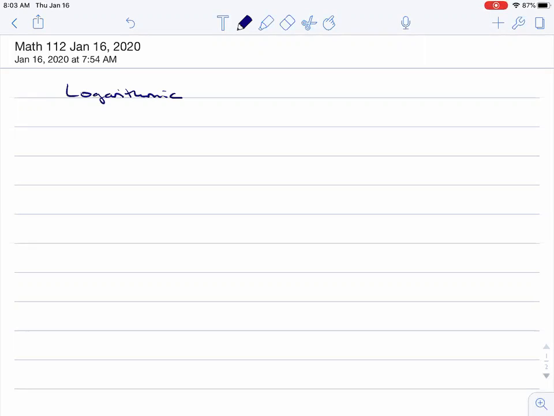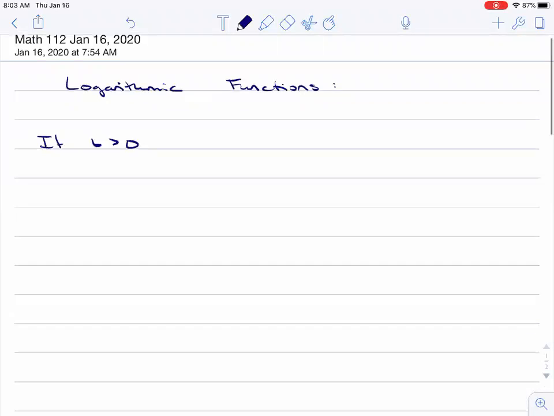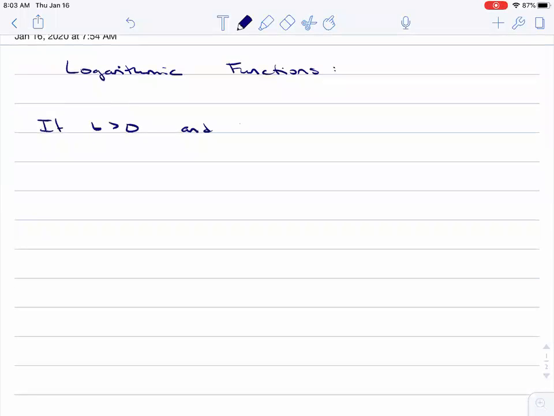We're going to talk about logarithmic functions, even though when I write it, it gets smushed. So log functions, if we've got some exponential function, so if b is greater than 0, and as long as b is not equal to 1, remember if you had b to the power of x, right?